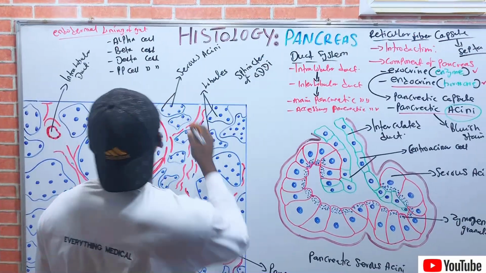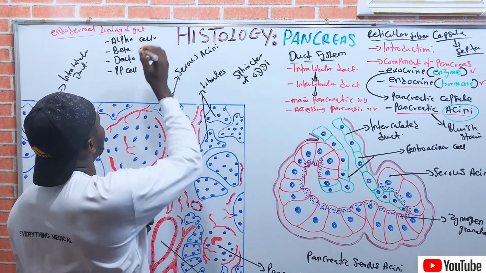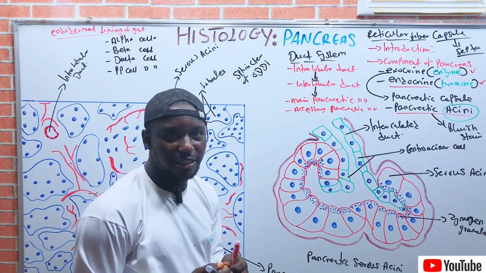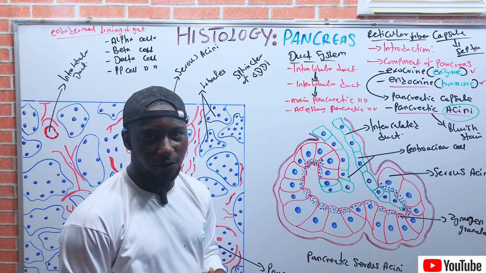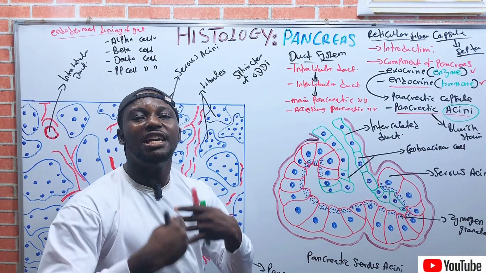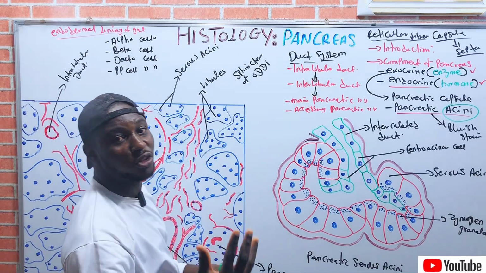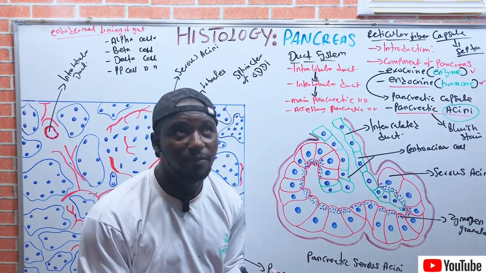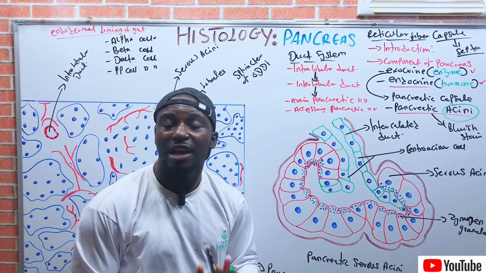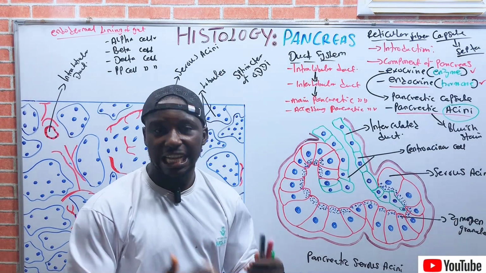So we shall be starting with the alpha cell. The alpha cell of the pancreas can be called the A cell, right? Now, pay attention. All these are components of the islet of Langerhans, or the pancreatic islet.